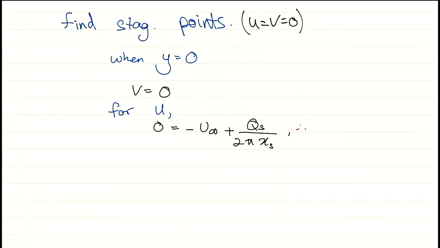Very easily, all I have to do is rearrange this and I can find an expression for xs. Therefore xs is equal to qs over 2 pi u infinity. So my stagnation point depends on qs and u infinity.